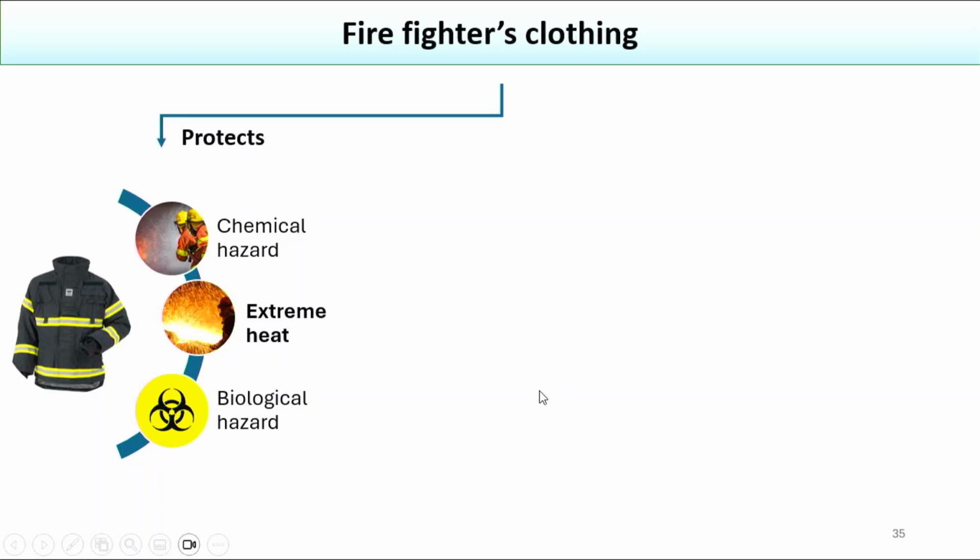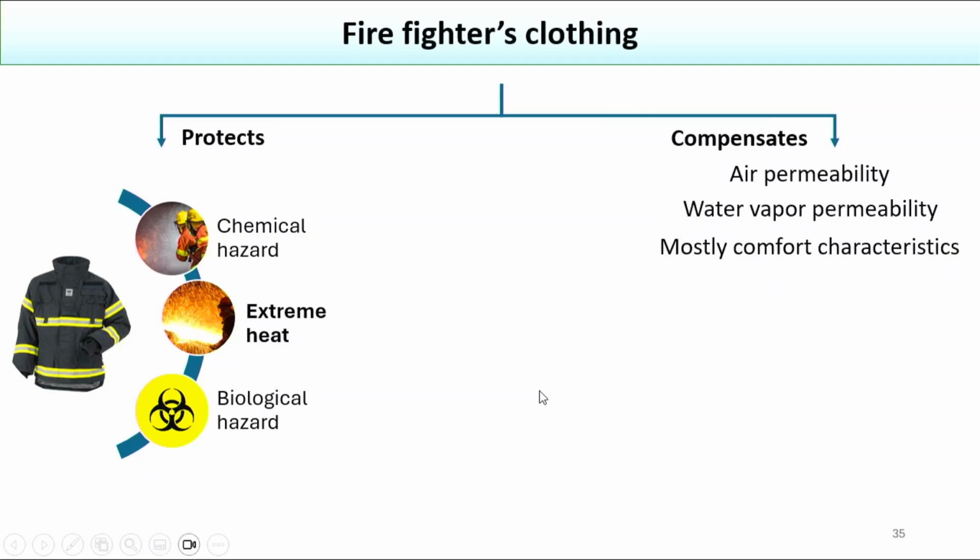And air permeability and water vapor permeability, the common characteristics, should not be compromised. Air and water, in vapor form and even in liquid form, should get transferred through the clothing layer.